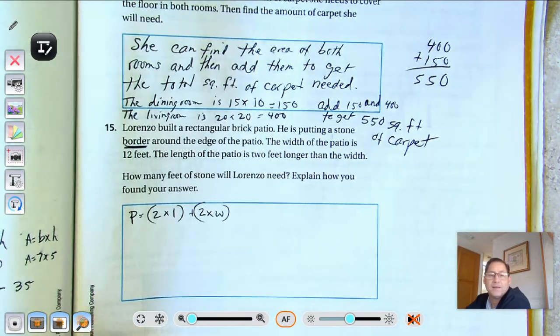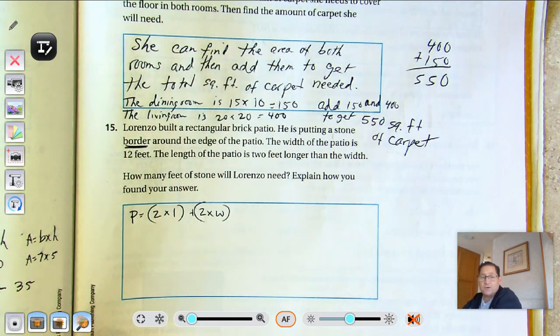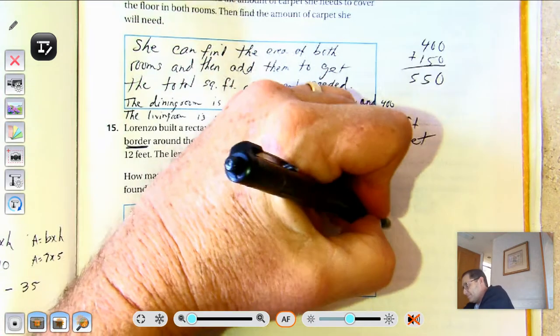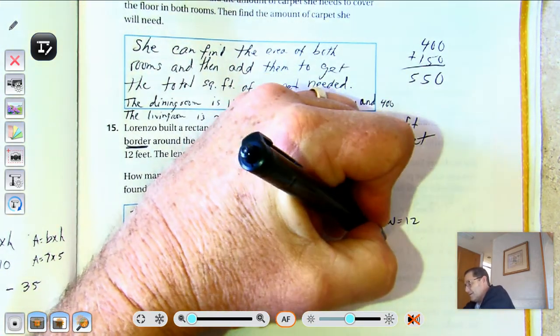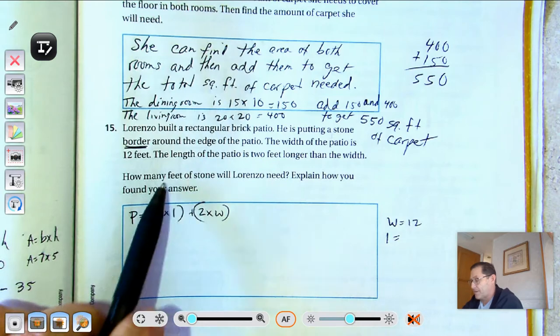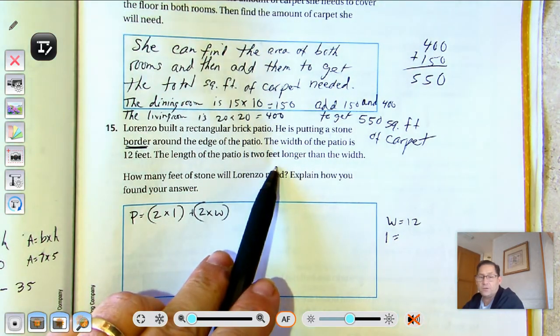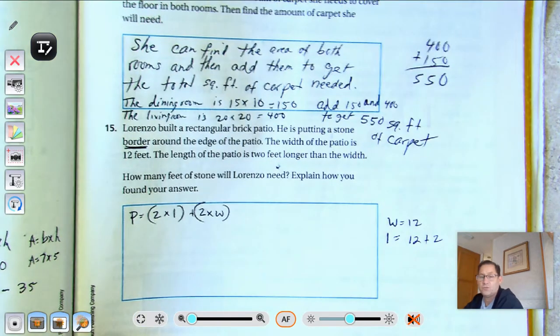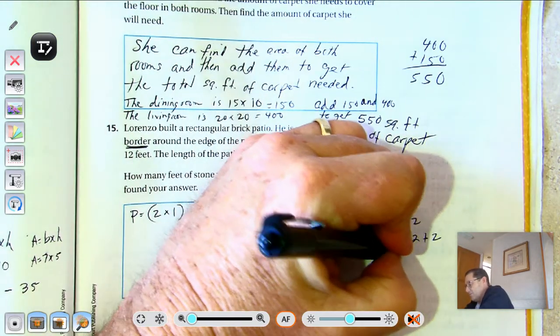Okay, so he's building this rectangular brick patio. He's putting a stone border around the edge. The width of the patio is 12. So we need to go 12 feet in that direction. And then we're going to have to go also the length. The width, they told me, is 12. And the length is 2 feet longer than the width. So the length is 2 plus 12. So the length is 14.